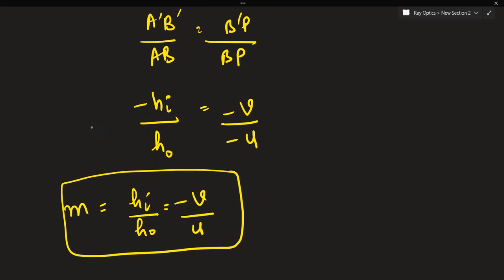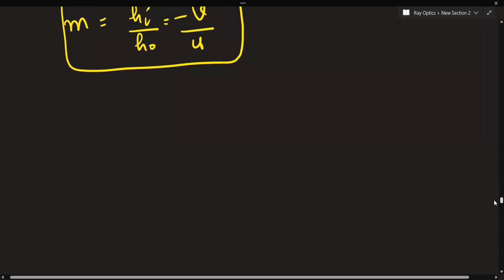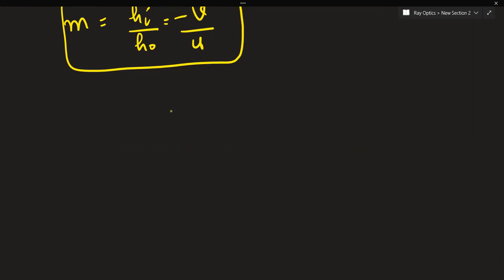Now, what is meant by linear magnification? This was the derivation and this was the formula. From this only you can write down the definition of linear magnification. Definition is what?